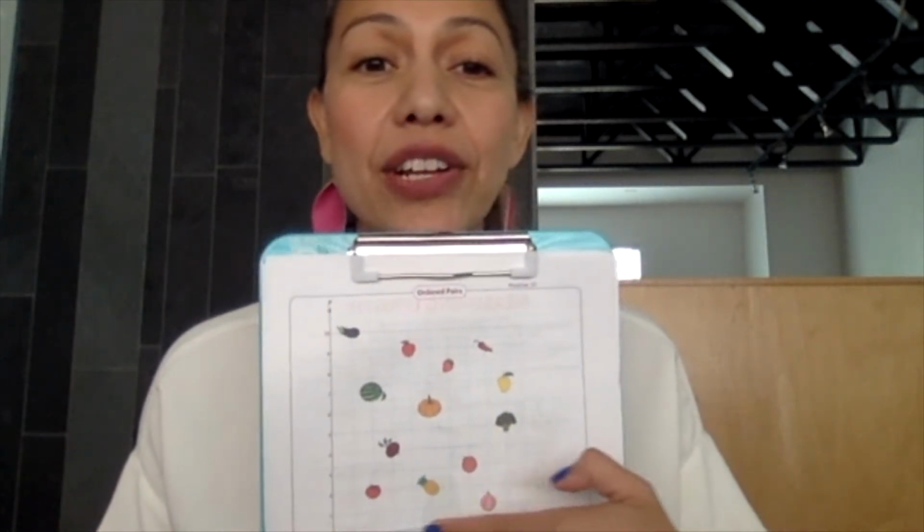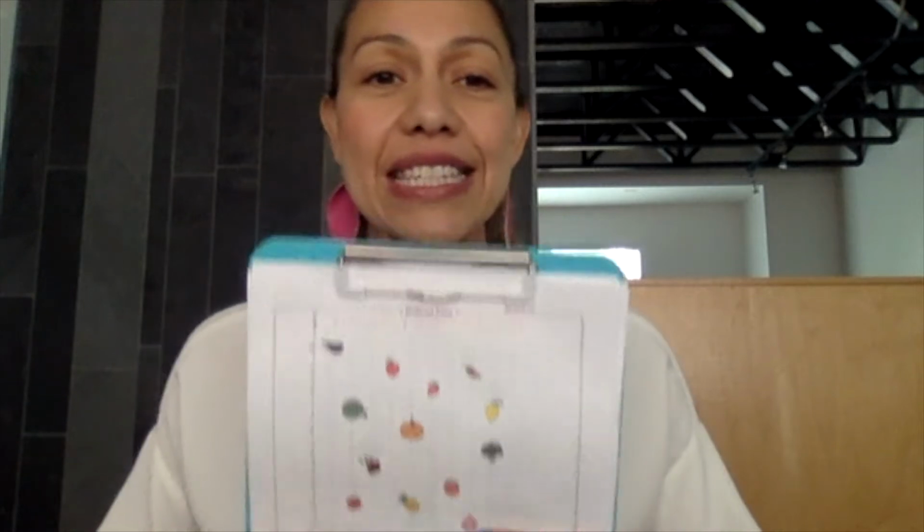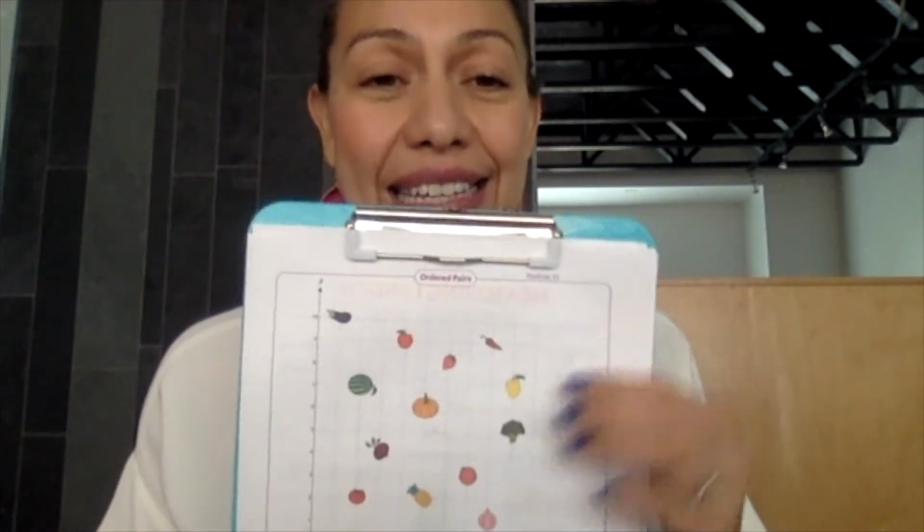And then we have another line on this side that goes up and down. What kind of line is that? It is our vertical line, like a soldier. Our vertical line, it is our y-axis. And the y-axis, we will call it our y position.